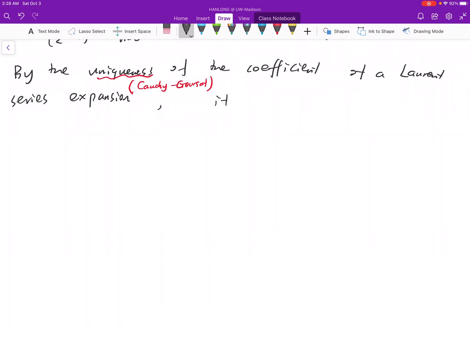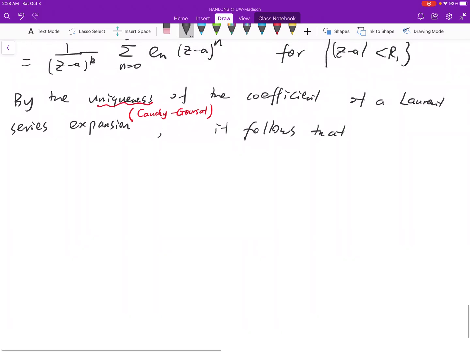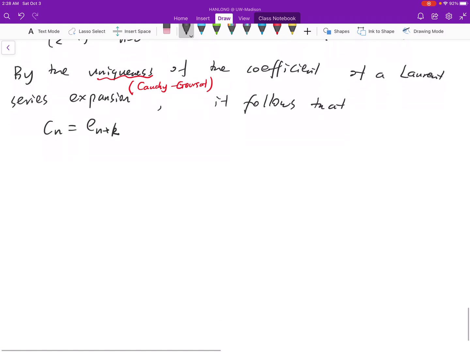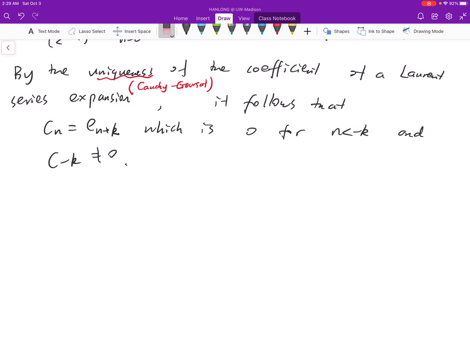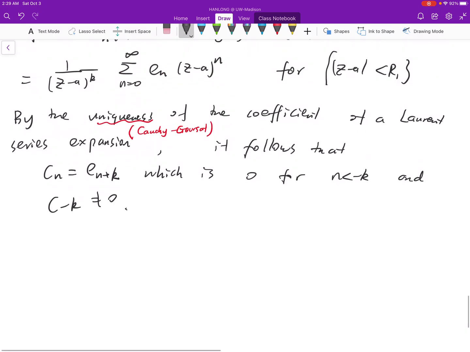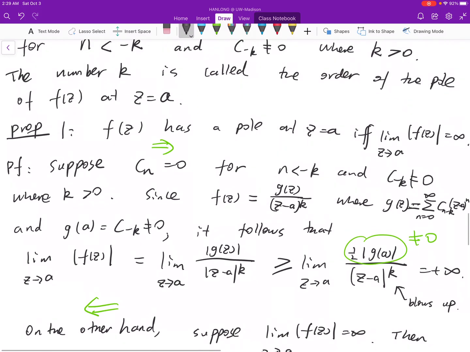It follows that cn is e(n plus k), which is 0 for n less than negative k, and c negative k is different from 0. So that's the other direction.